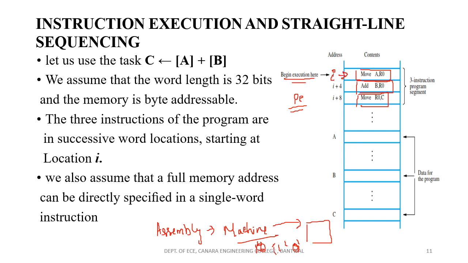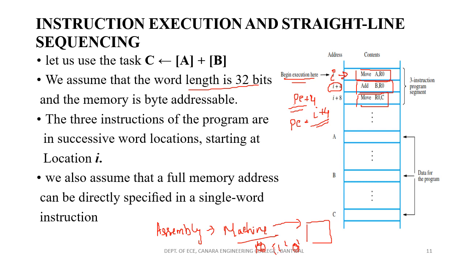Once the execution is complete, the PC value will be incremented by 1, or in this case, since the word length is 32-bit, it will be incremented by 4. That is, the next instruction will be present in the location I plus 4. So the next instruction that has to be fetched is from the location PC equal to I plus 4, that is add B comma R0.